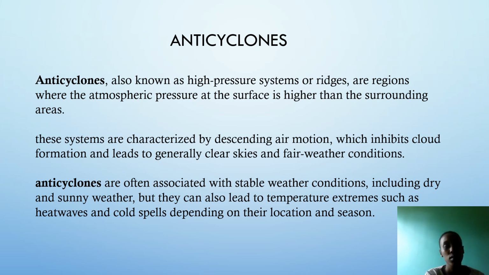These systems are characterized by descending air motion, which inhibits cloud formation and leads to generally clear skies and fair weather conditions. Anticyclones are often associated with stable weather conditions, including dry and sunny weather.